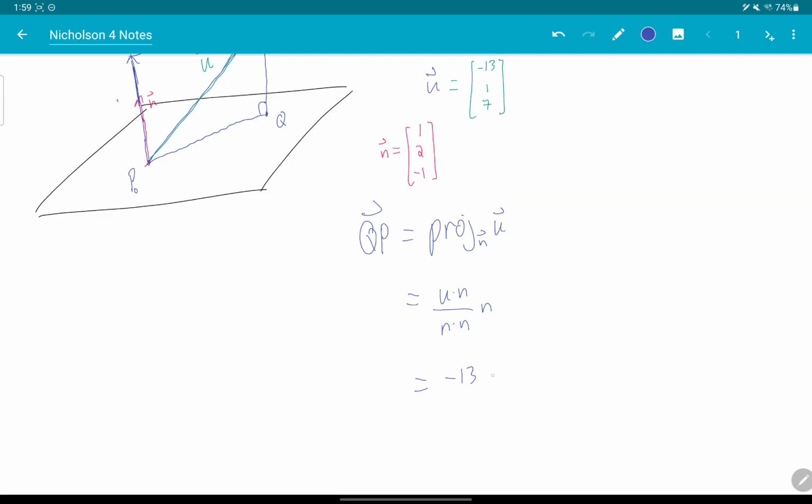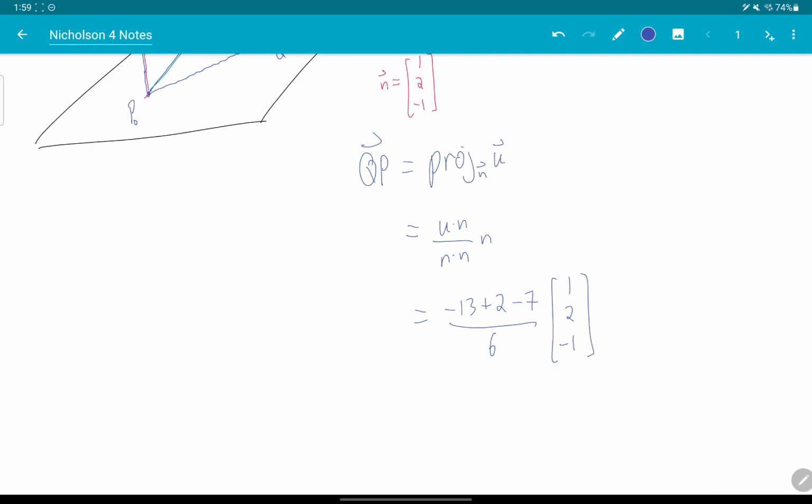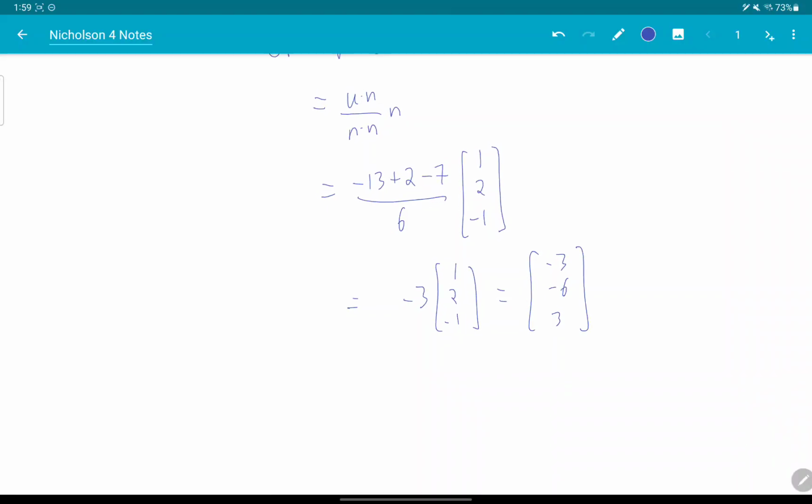Minus 1 plus 2 minus 7 over N dot N, which is 6, in the direction of N, 1, 2, minus 1. That is minus 3. So I get this vector minus 3, minus 6, plus 3. And this is the vector QP.